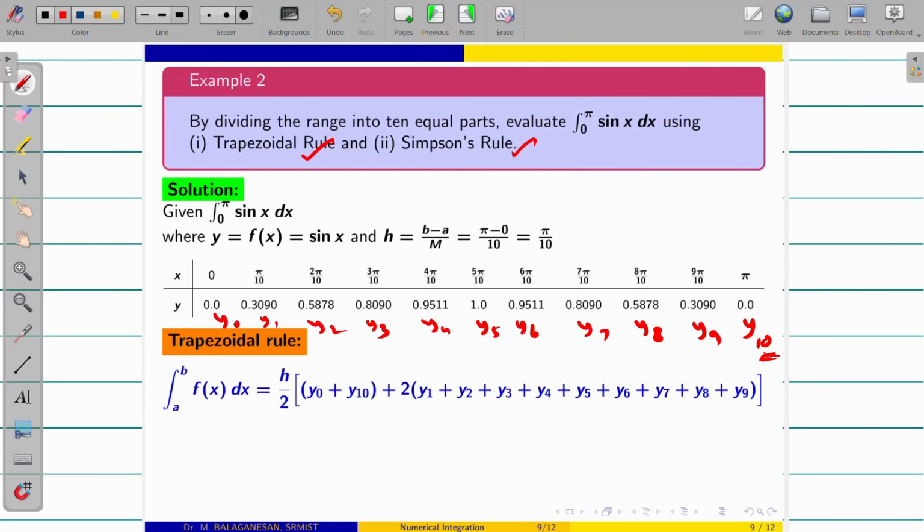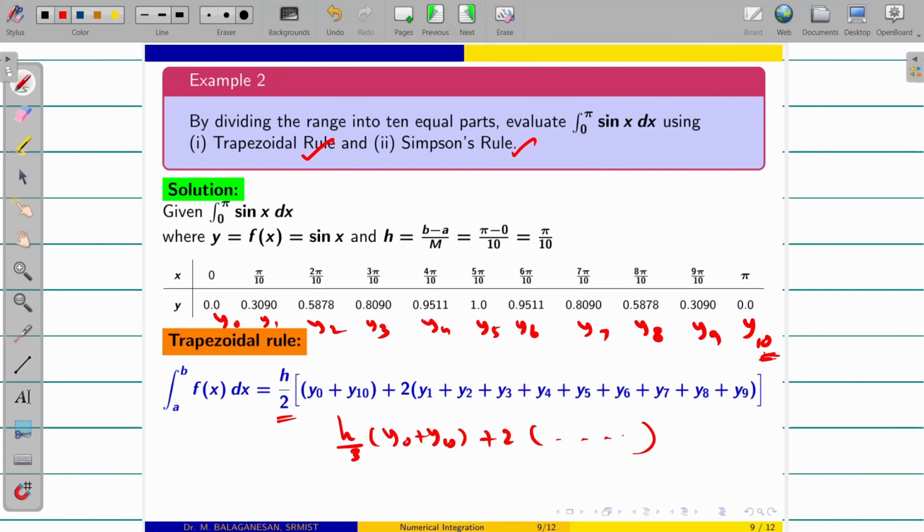Clear. So what is the Simpson one-third rule formula? H by 3 will be common for everything. Some people, I had the experience while filling the paper, I will see H by 3 into Y0 plus Y10 plus 2 into the rest of the values.